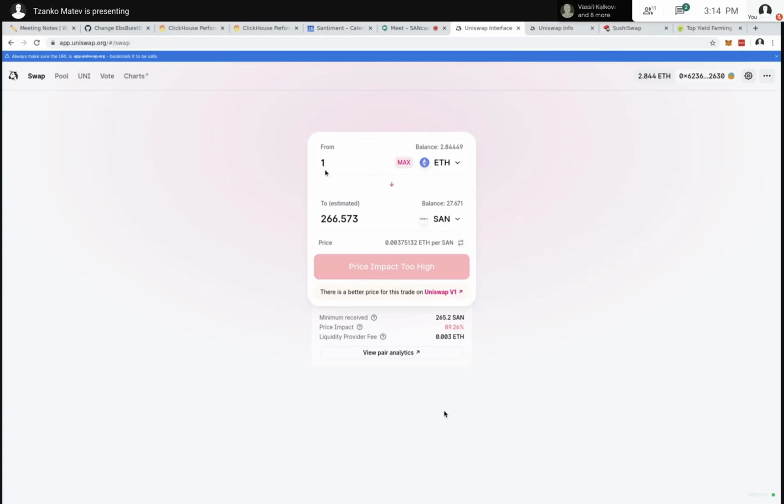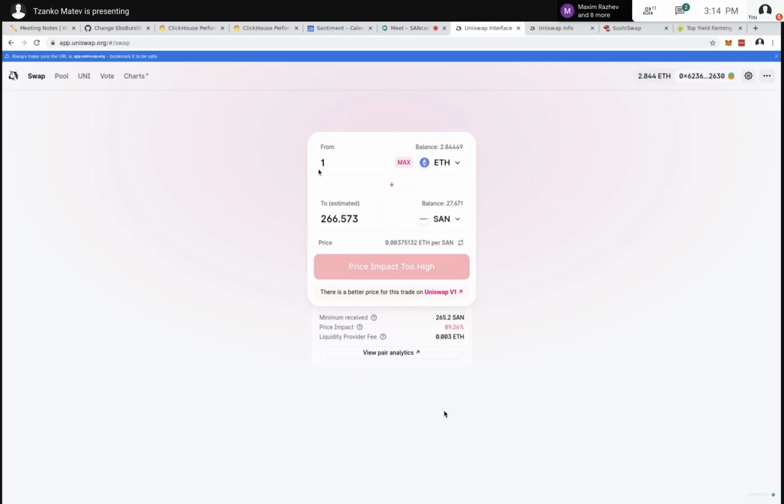For one ETH, I will get 266 Sun tokens. But one ETH is around $300, maybe. So basically, I'll pay about $1 per Sun token. But actually, the current market price in other places is, I don't know, 15 or 16 cents, something like that.